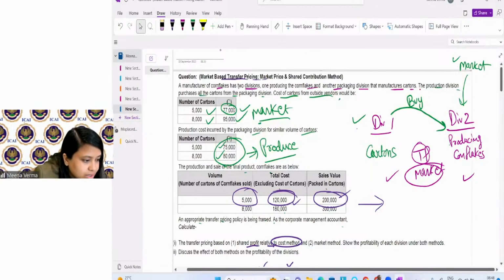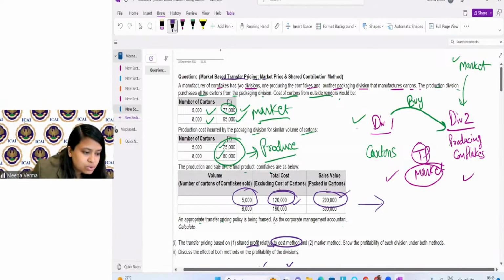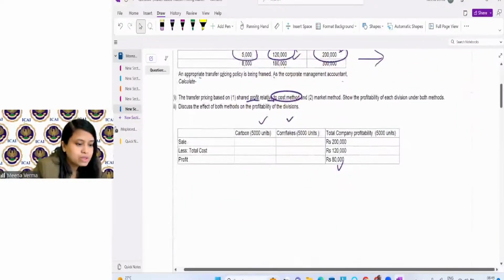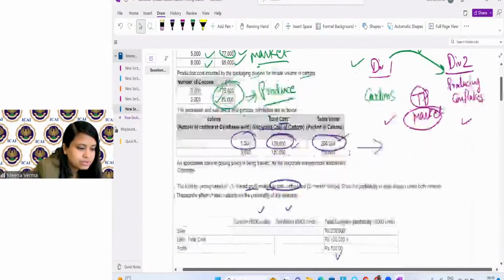I can see. No. See what is given here. This is the total cost excluding the cost of the cartons. Okay. So this is the cost excluding the cost of the carton. So what is the cost of the carton here? 75,000.